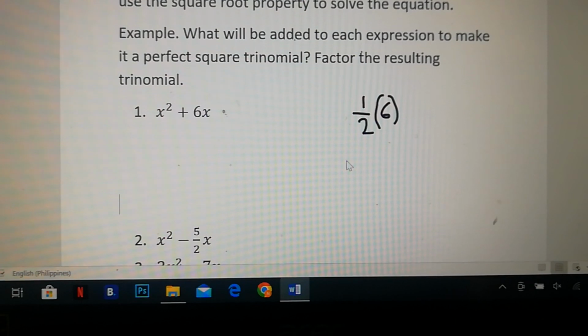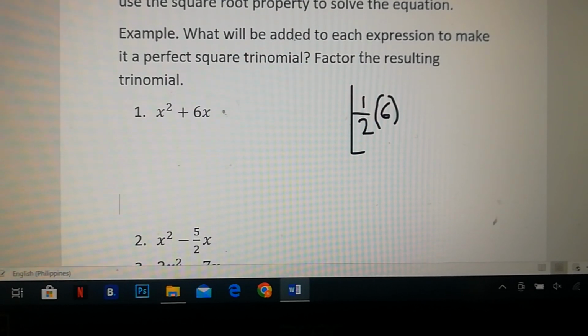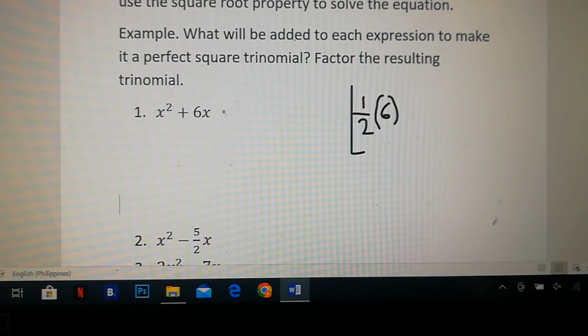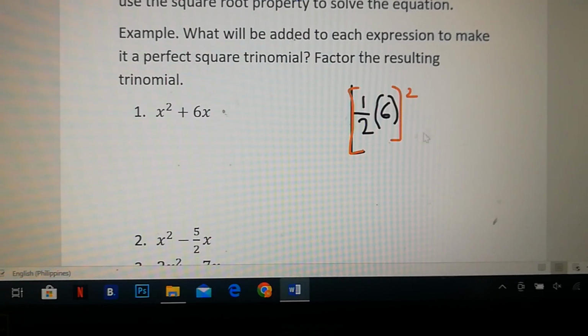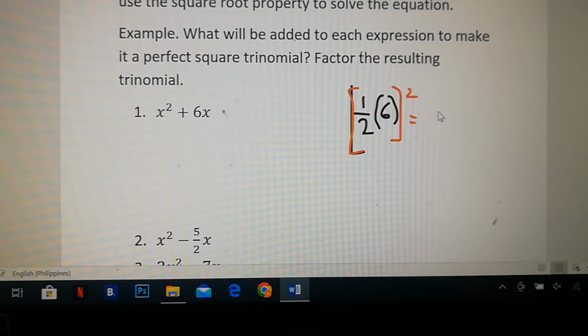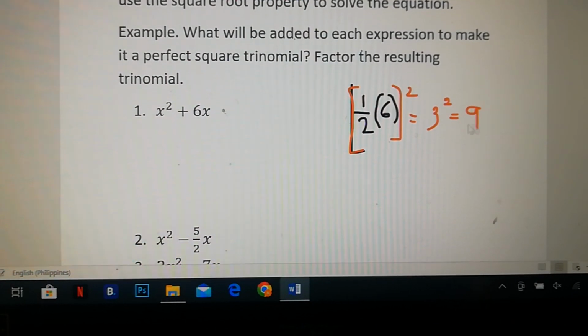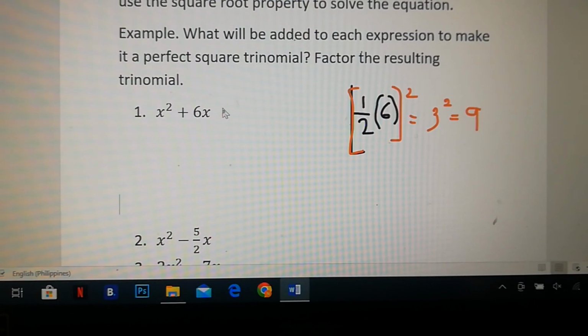Then whatever the result, you square. So 1/2 of 6 is equal to 3. You square 3, equal to 9. So add 9 to the expression.